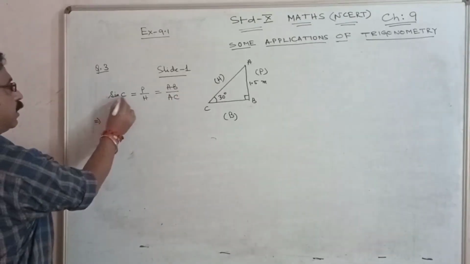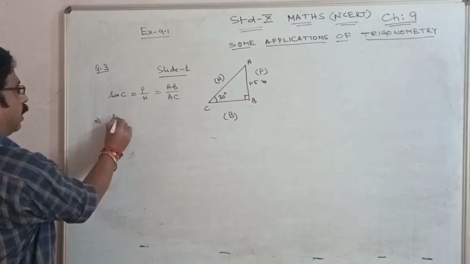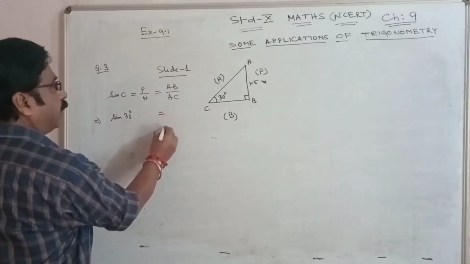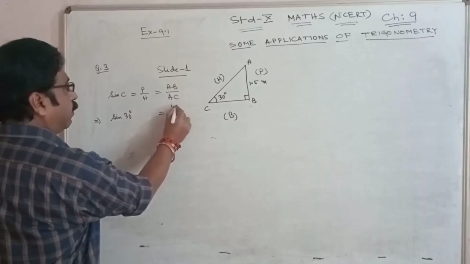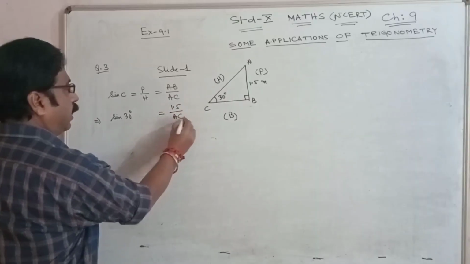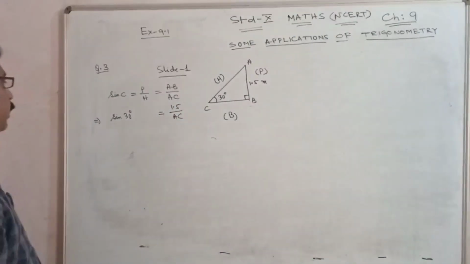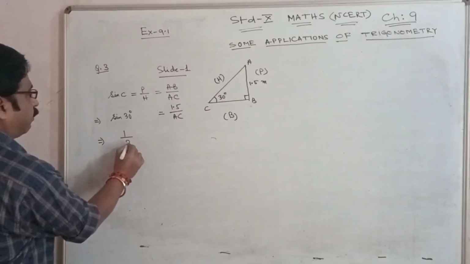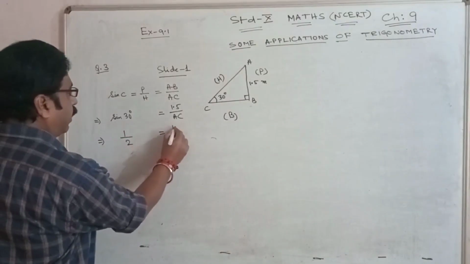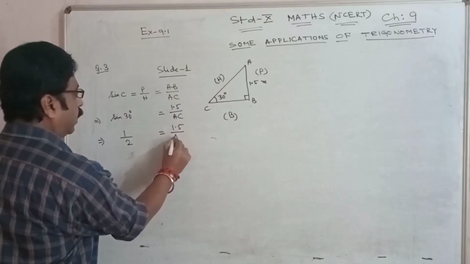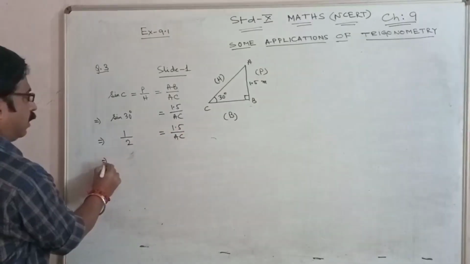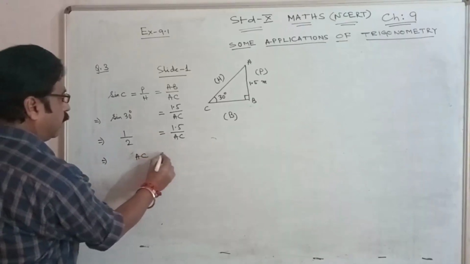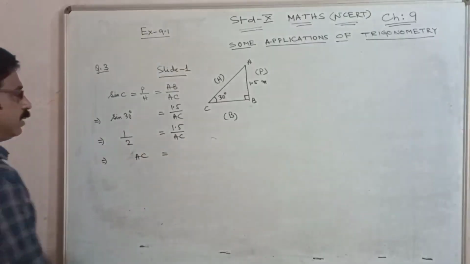Next, sin C means sin 30 degree equals AB, which is 1.5, and AC is unknown. Sin 30 degree is half, equals 1.5 upon AC. Cross multiplication, AC into 1 is AC, 1.5 into 2 means 3.